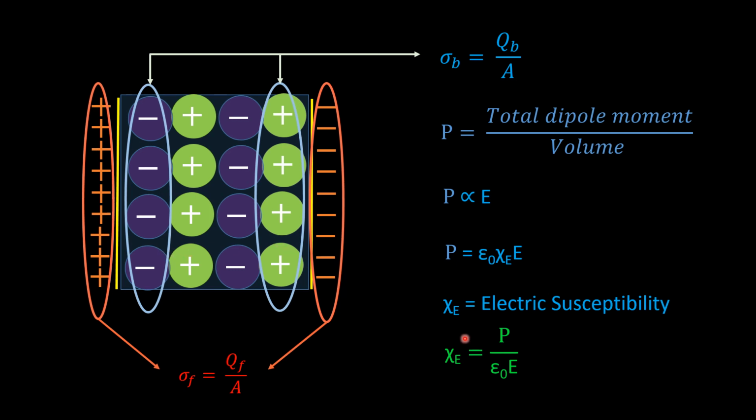So looking at susceptibility, we can decide how much is the adaptation of the applied electric field by the given material. If polarization is more, we can say that many dipoles are produced, and consequently the electric field will also be more. So that is susceptibility, and the relation between susceptibility and dielectric constant is: dielectric constant is equal to 1 plus susceptibility. So that is all about susceptibility.